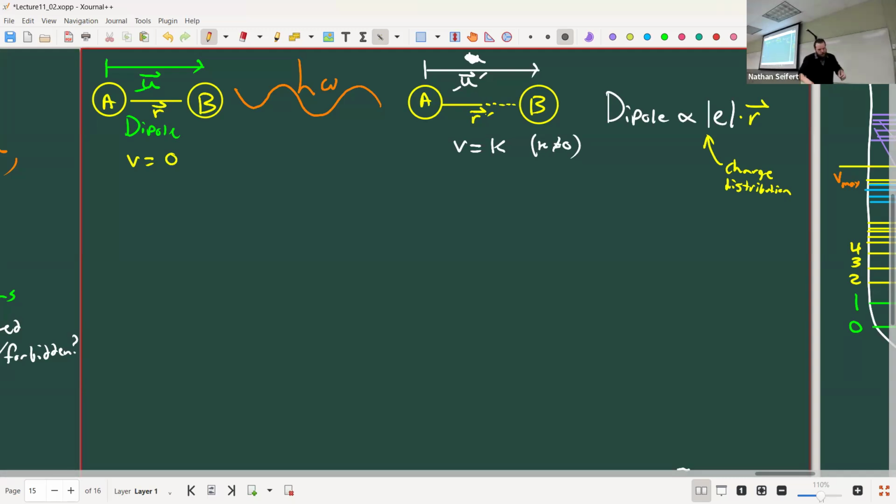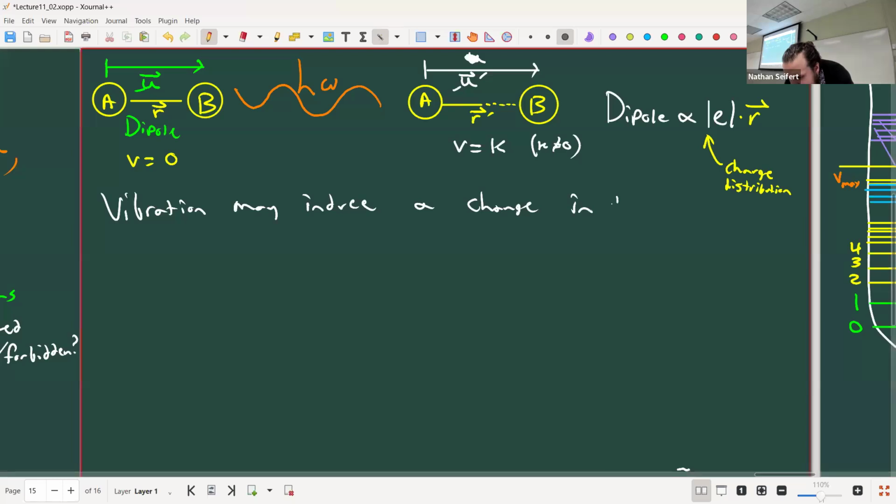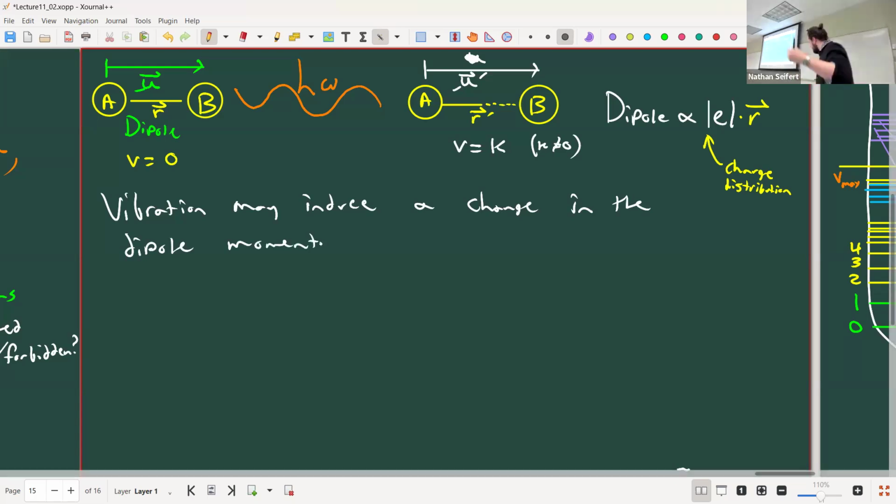All right, so a vibration may induce a change in the dipole moment. Might get bigger, might get smaller, it just depends on how it's vibrating.